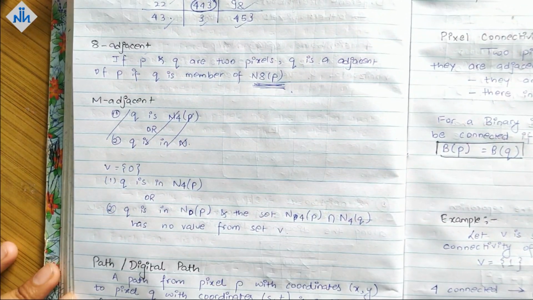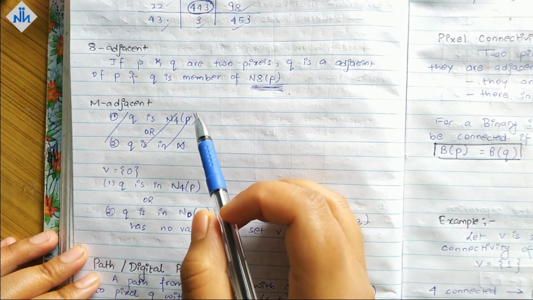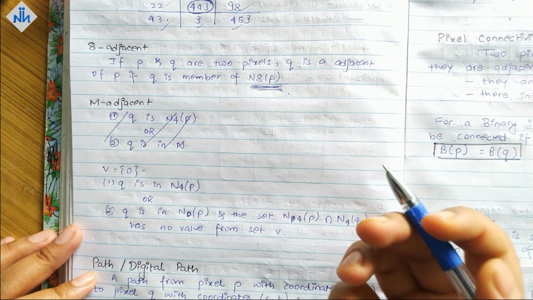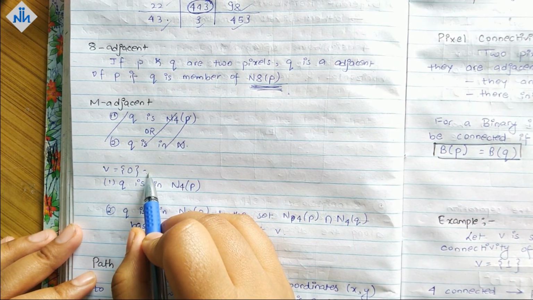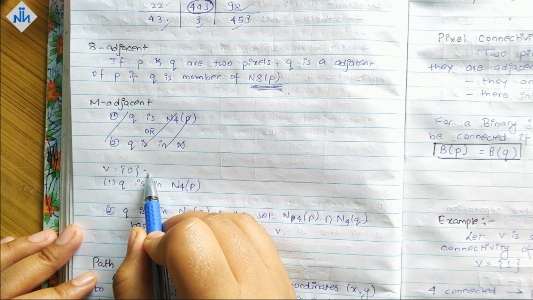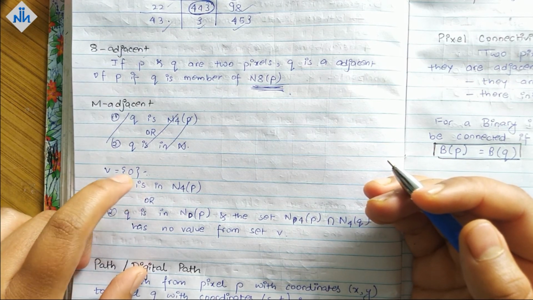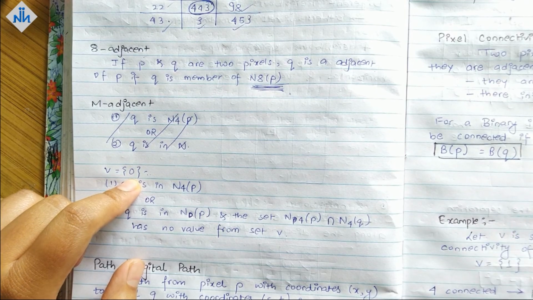Now comes M adjacent. This is quite tricky compared to the other ones. For M adjacent, first we declare a V. V is known as the set of gray levels used to define the connectivity. So basically it tells us the gray level that is required to be adjacent.